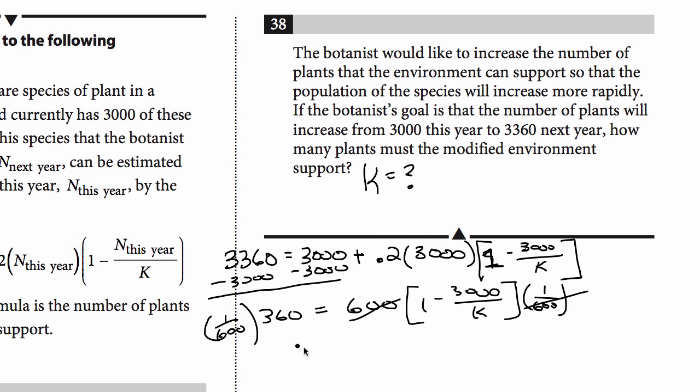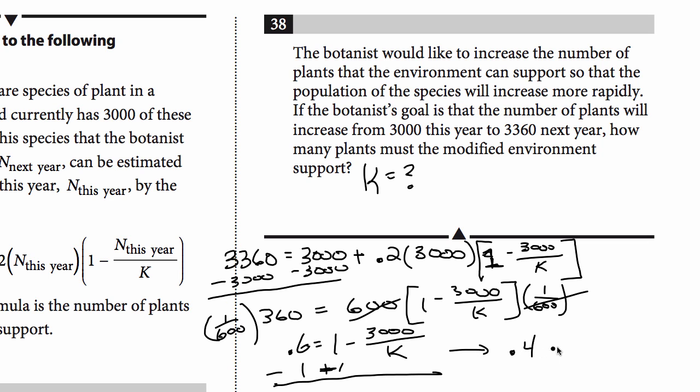Okay, so we have 0.6 equals 1 minus 3,000 all over K. I can subtract 1 from both sides. So we get negative 0.4 equals negative 3,000 all over K.